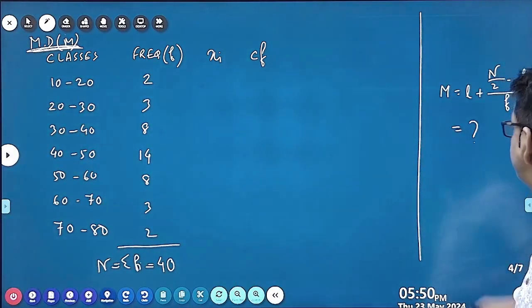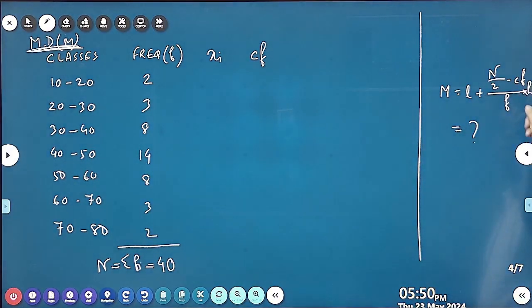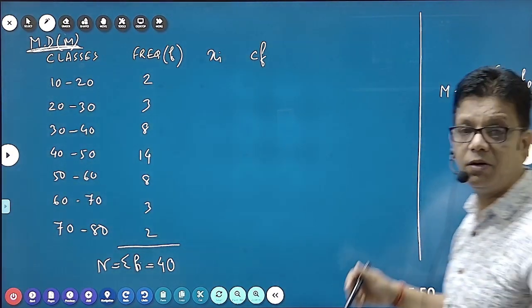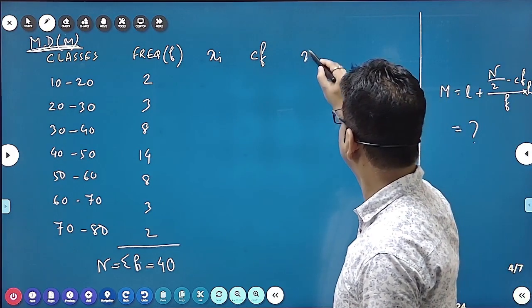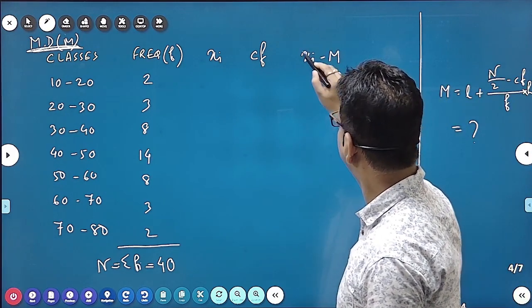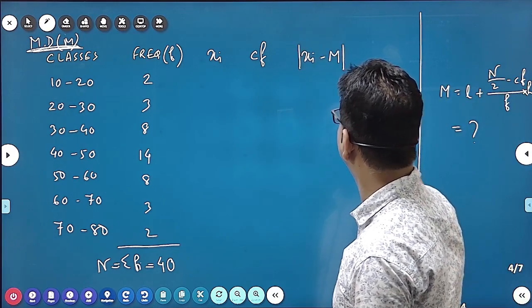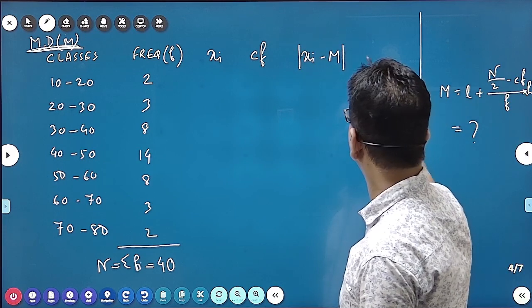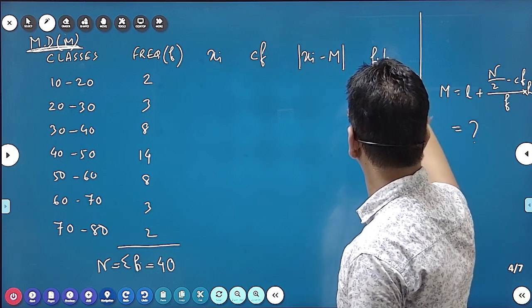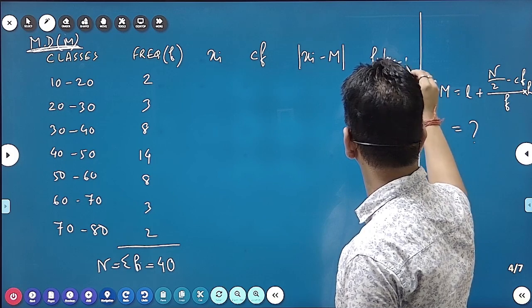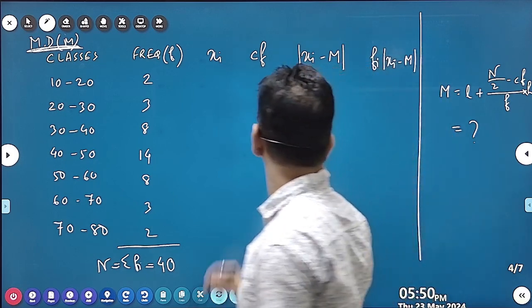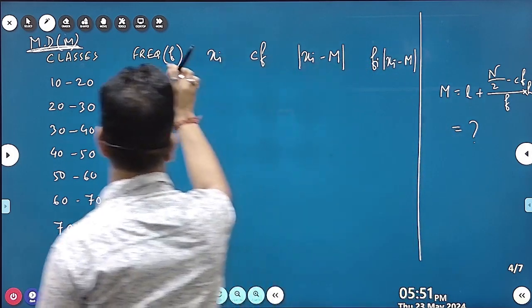Now, once the CF is ready, L, N by 2, CF, H, you put it, you will get M. Now that column, what is that? Xi minus M, but under modulus. Finally, with this, Fi to be multiplied. So with Xi minus M, this F will be multiplying.